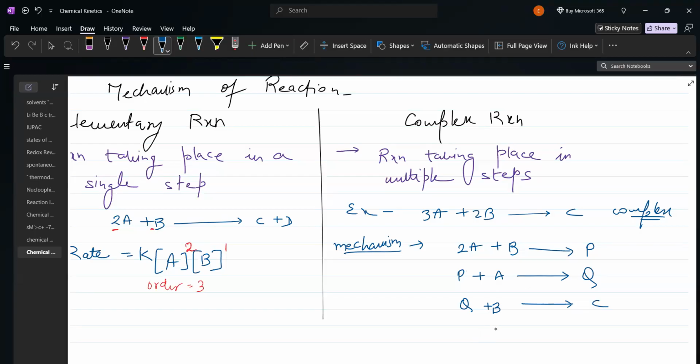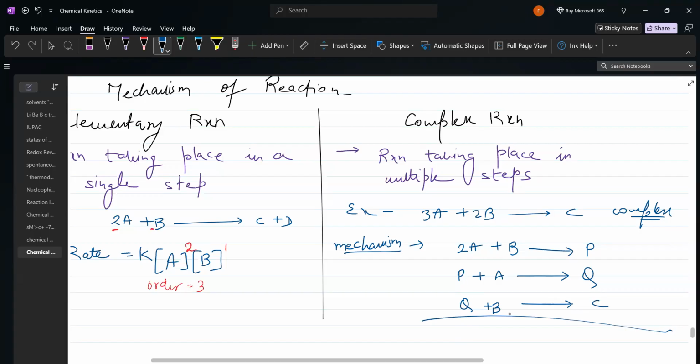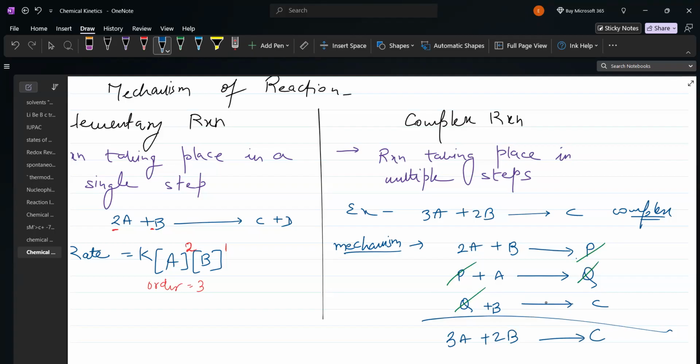This reaction took place, and finally, let's sum up the equation. In the product side we have P, and on the reactant side it has completely got exhausted. Similar is the case with Q also. Now we can add it: 2A plus A, 3A plus 2B gives C, because some of the intermediates are cancelled out within the reaction only.